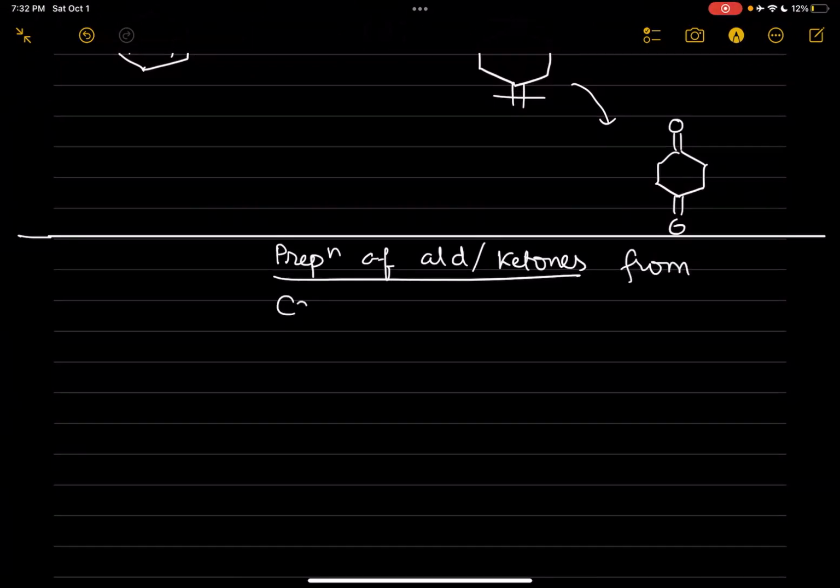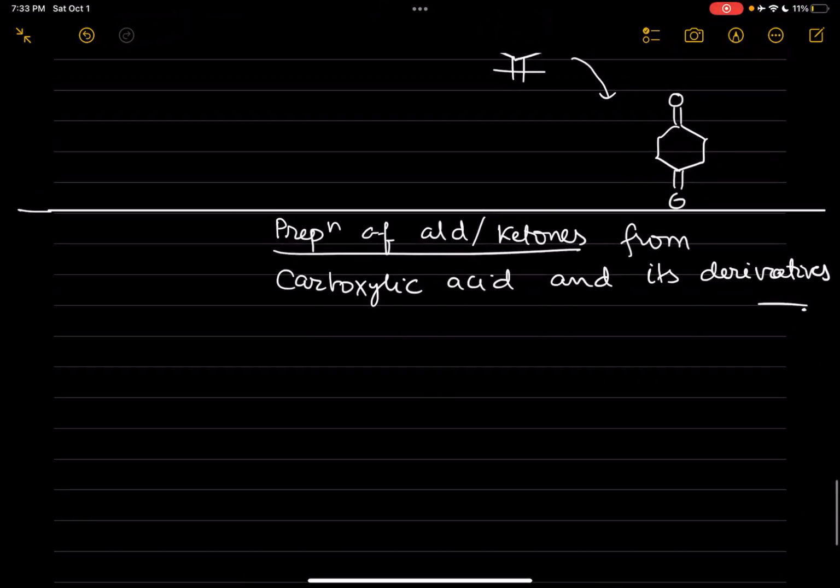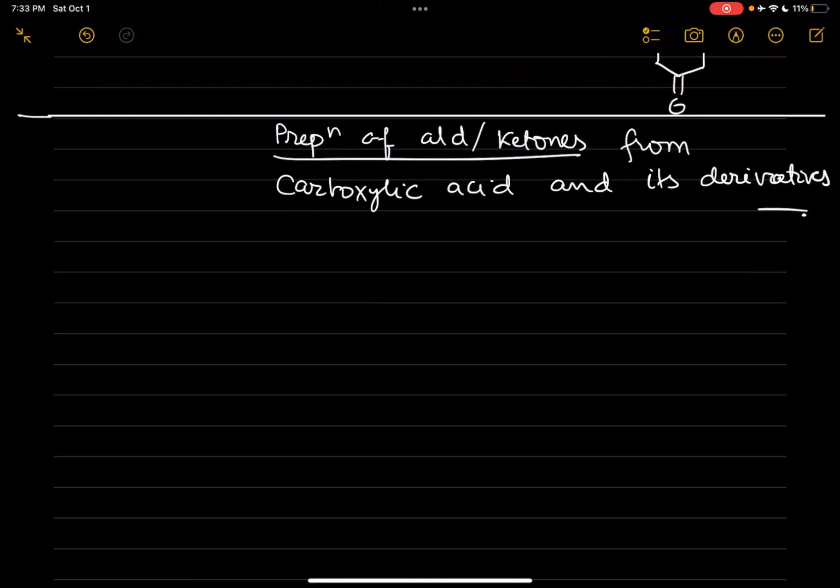From carboxylic acid and their derivatives. So carboxylic acid and its derivative can be used to prepare aldehydes and ketones. So first is RCOCl, acid chloride, which is the most important carboxylic acid derivative.